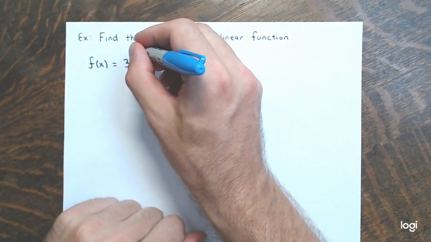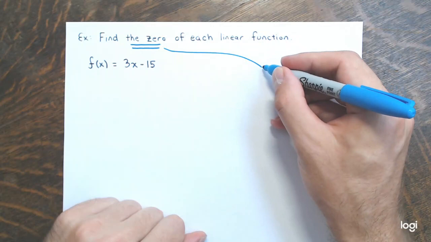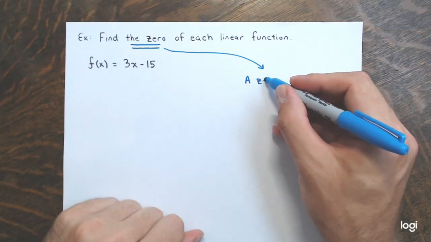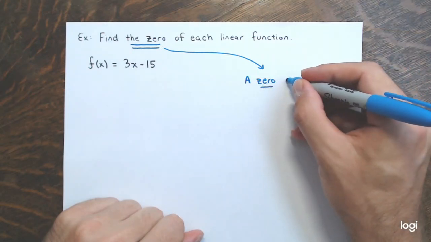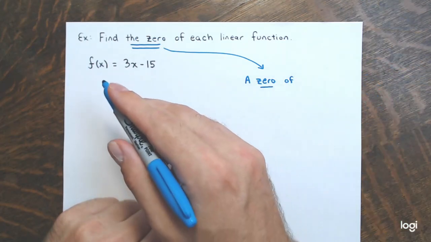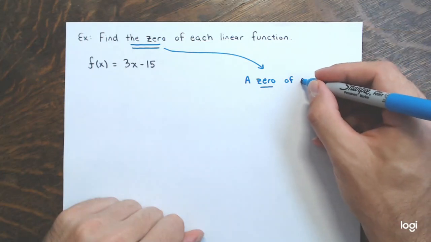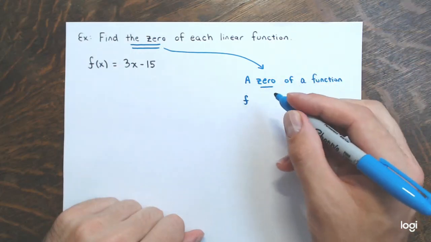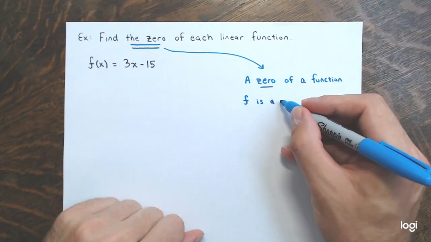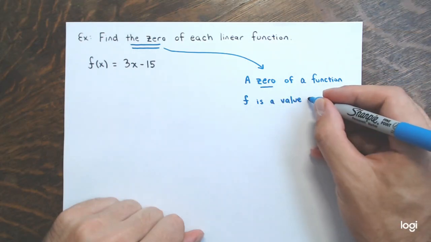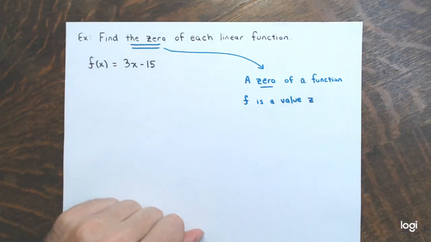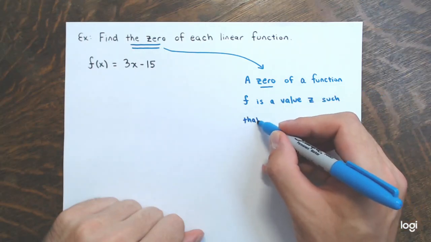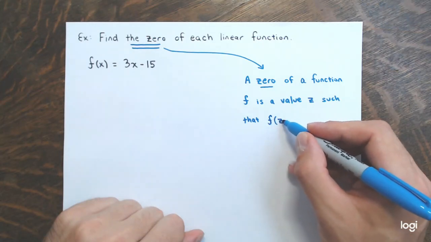So when I say zeros, let's recall that a zero of a function, and let's say that function's called lowercase f, it doesn't have to be, is a value, I'm going to call it z for zero, a value z such that the value of f at z equals 0.